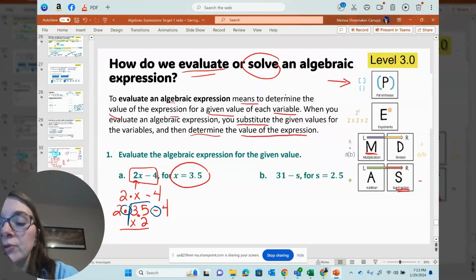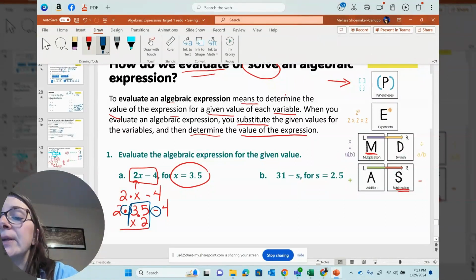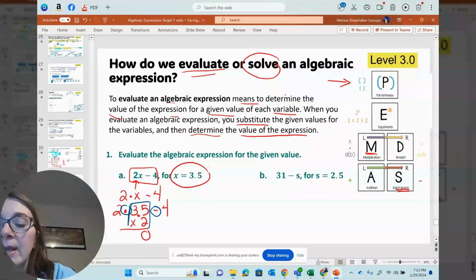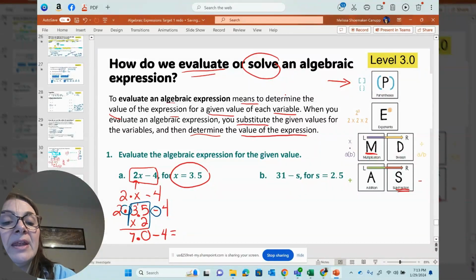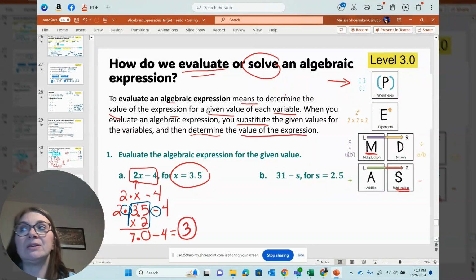We can't really use a calculator on this, which is why I'm doing it longhand. 5 times 2 is 10. 2 times 3 is 6. Plus 1 is 7. Bring the decimal. There's one number behind it, so I'm going to put it there. So I know it's going to be 7, and then I can subtract. Take away 4, and so the answer is going to be 3.